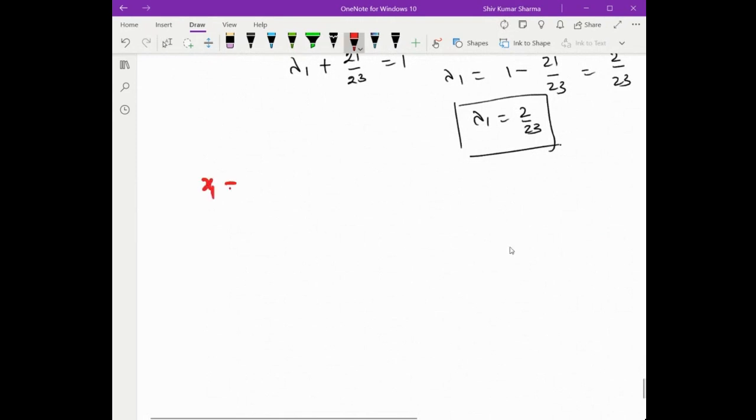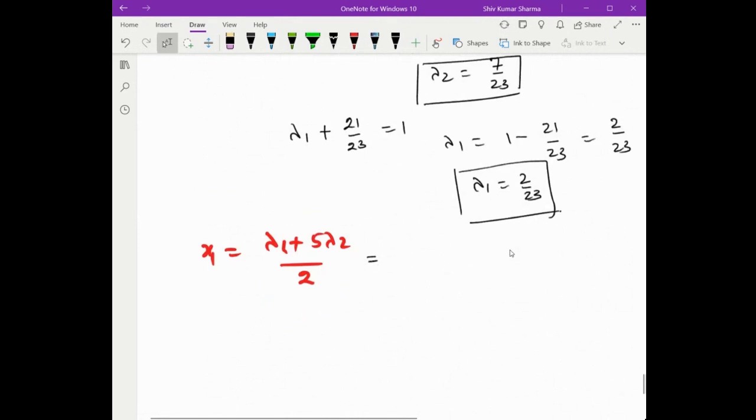Sorry, lambda 1 is 2 upon 23. So 2 upon 23 plus 5 2s are 10.